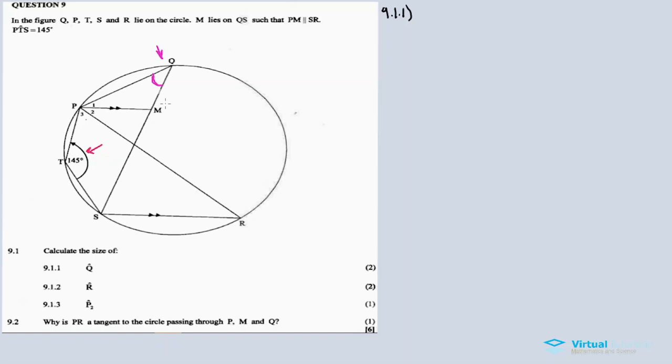When you look at angle Q and the given angle 145 degrees, they are inside the shape PTSQ, which is a cyclic quad. How do you recognise a cyclic quad? You see that all four vertices touch the circumference of the circle. And the given angle 145 degrees is opposite to the unknown angle.